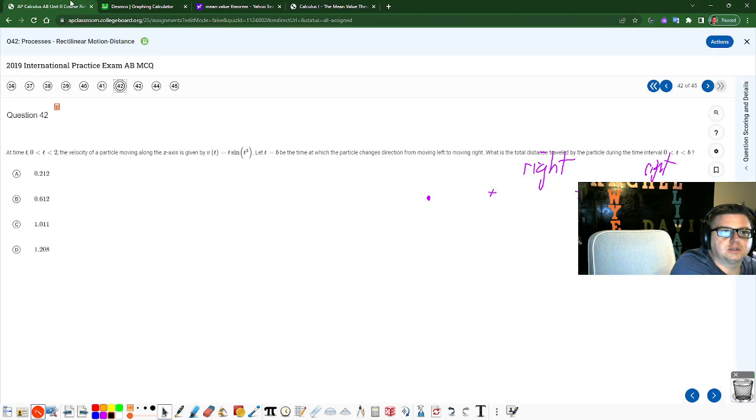So it wanted to know, let t equal b, the time at which the particle changes directions from moving left to moving right. So from negative to positive, which was this value right here.